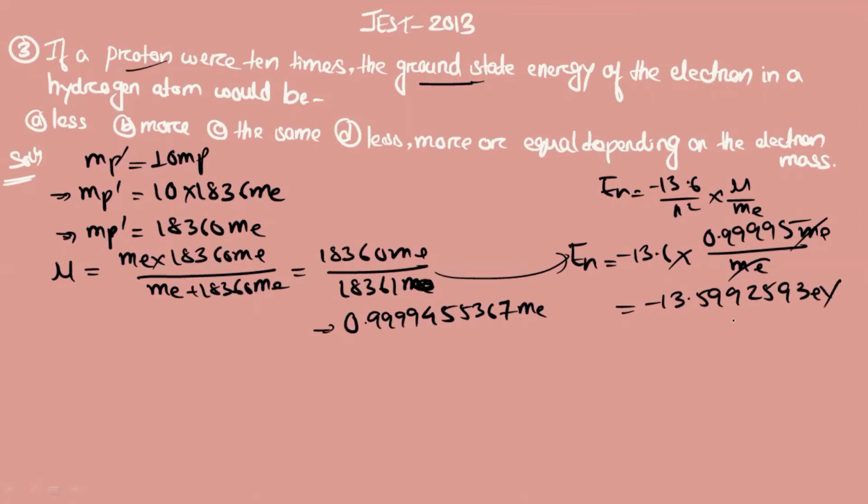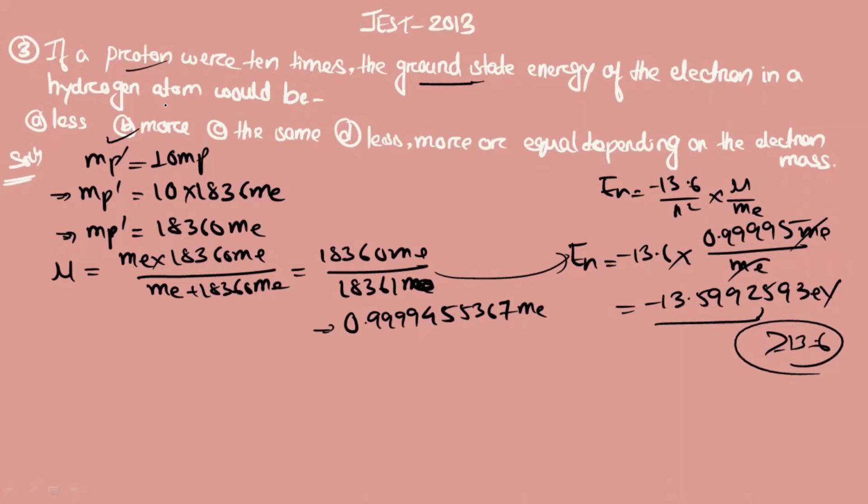So when you see this value, minus 13.599, it is greater than minus 13.6. Also, you can see that something is multiplied with this, so the value will be more. The ground state energy of the electron of the hydrogen atom would be more. So the correct option is option B.